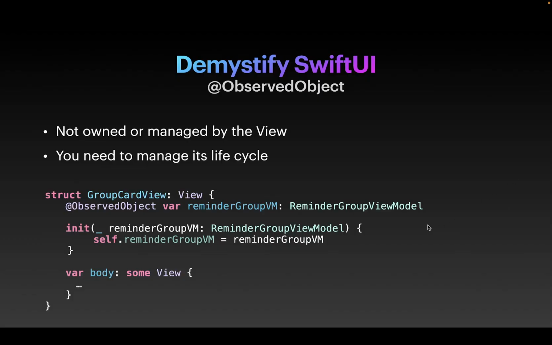When you have an @ObservedObject, you usually want to pass it from the caller. In this case, I usually have an initializer, and I take a reminder group view model. This is the observed object, passed from the parent view.